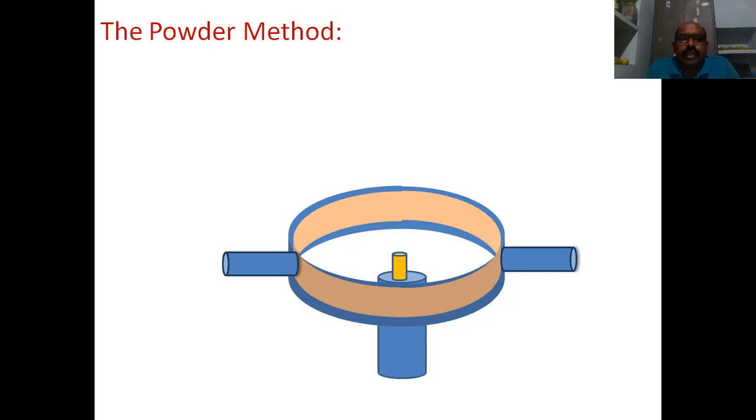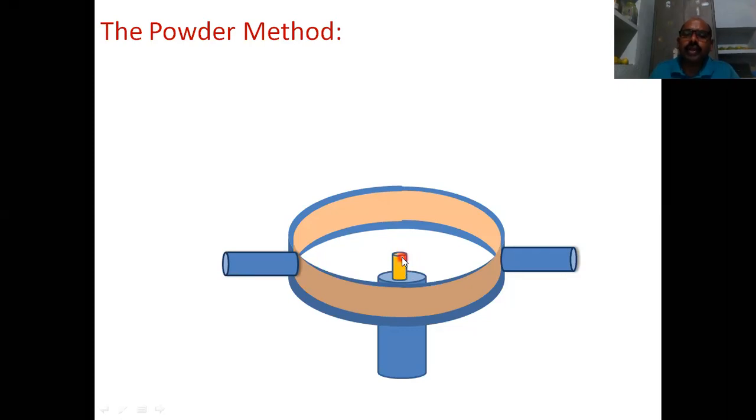In this, we take the sample that we are seeing here. We take the material whose properties are to be studied, crush it and make it in powder form, and that powder is filled in a capillary tube, or sometimes that powder is made to stick to a wire which is coated with adhesive material.